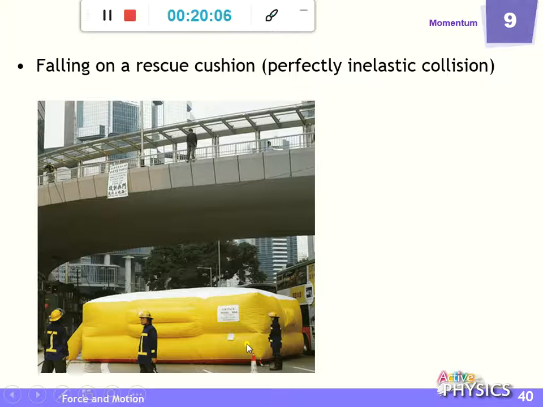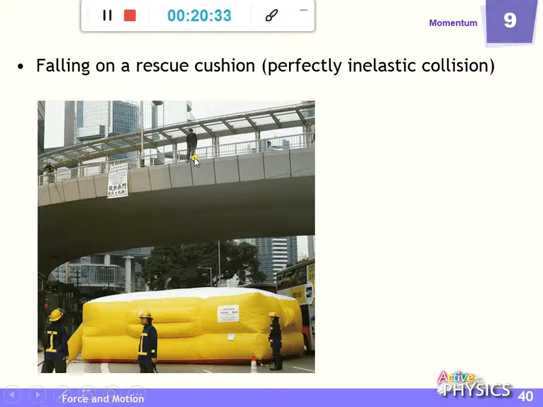Next case, next experiment. You know this one from the last chapter. This one is a perfectly inelastic collision. Once again, this one is a perfectly inelastic collision. If this one were an elastic collision, what will happen? Then this man will jump down, absorb the energy and push it back to the original height.